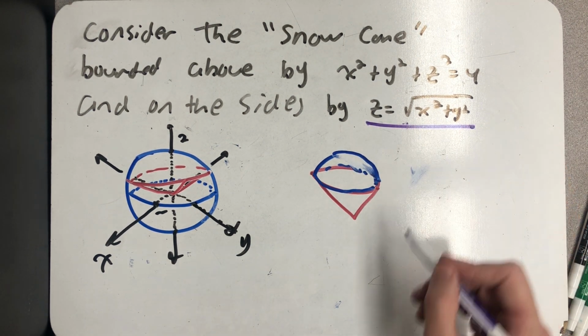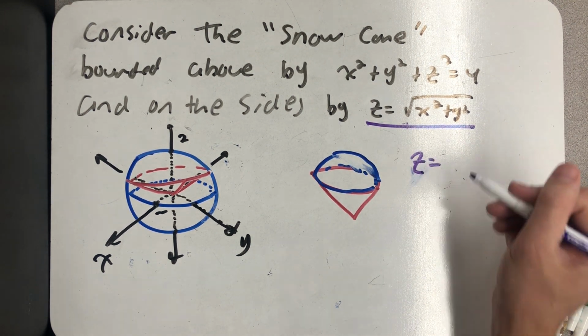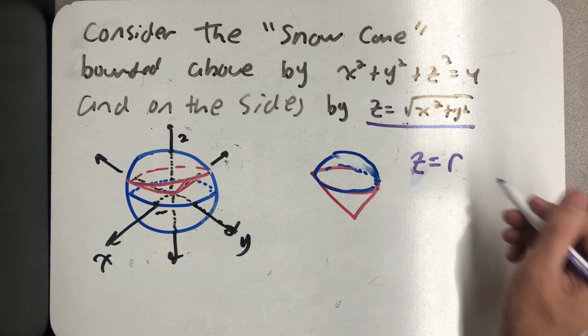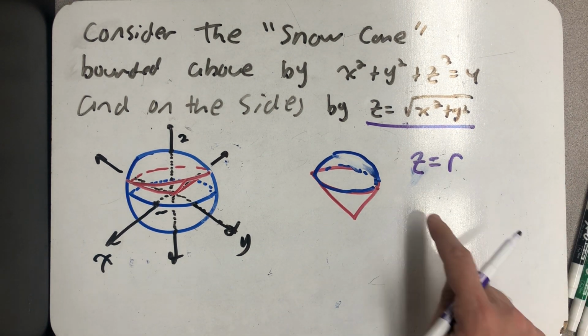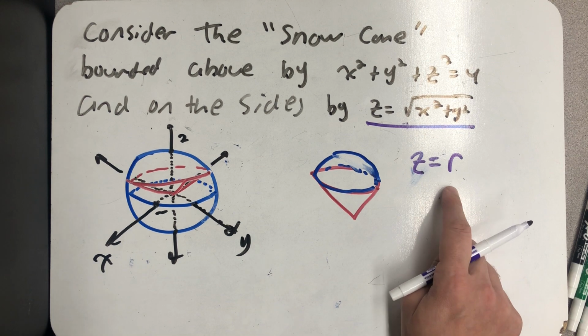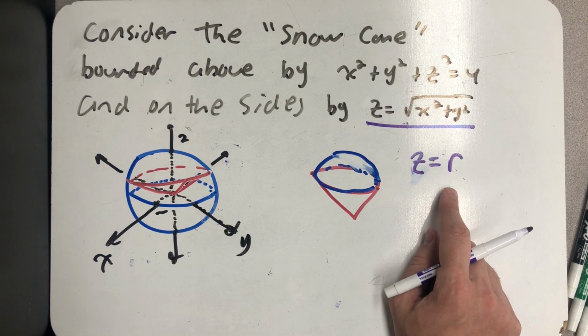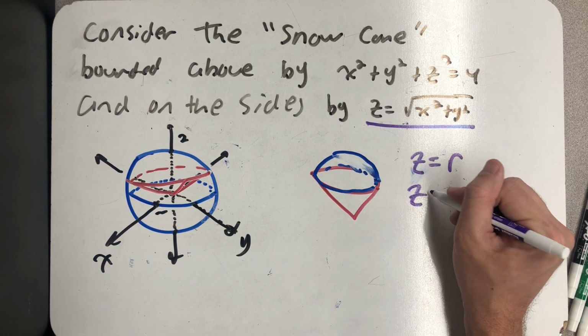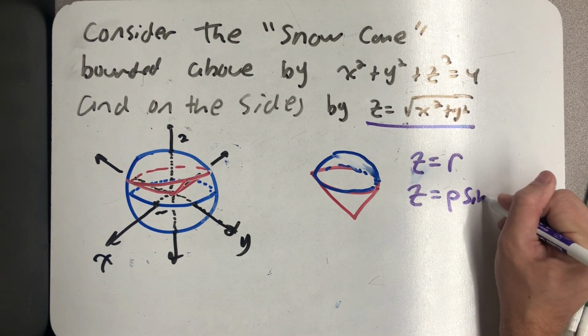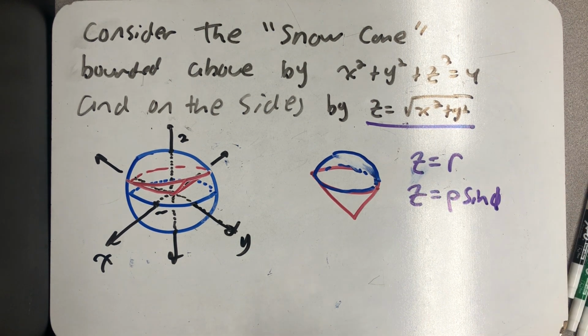Well, this is pretty nice. z is equal to r. Well, that's not spherical, that is cylindrical coordinates. But then I had one more relationship, and this would tell me that r is equal to rho sine phi. All right, so that's a nice relationship, and I'm thinking about the cone part.